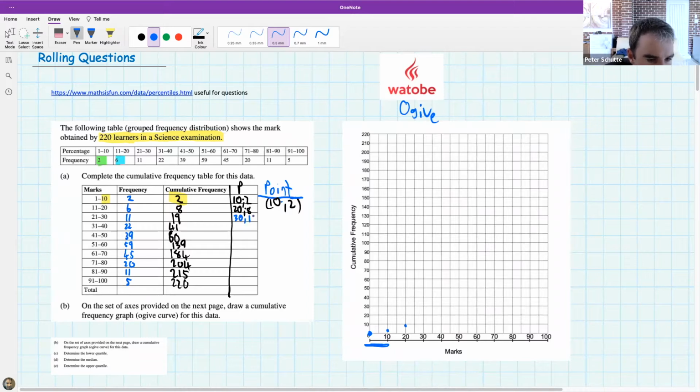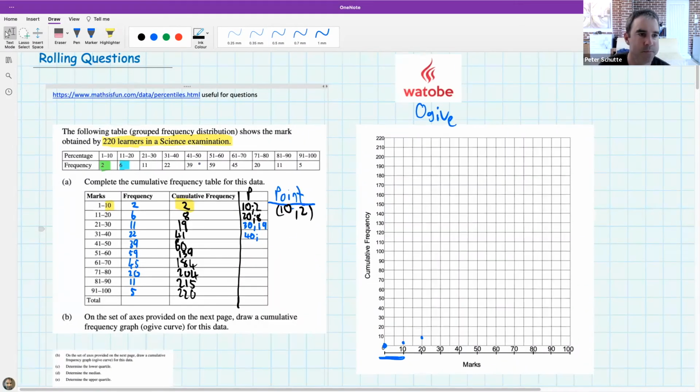30, 19. It's 40, not 22, 40, 41. Let me zoom in a bit. The other thing that I'm realizing is it's easier to just do this like this.